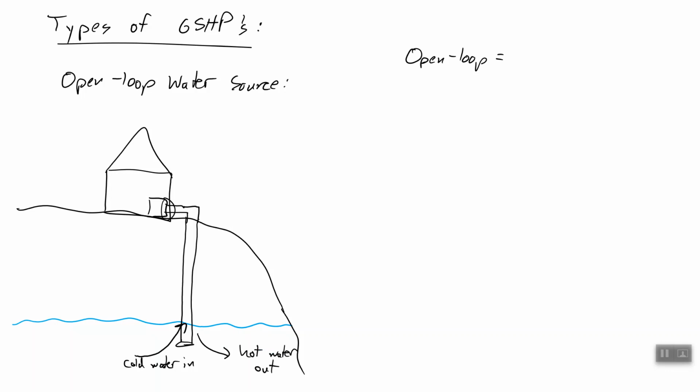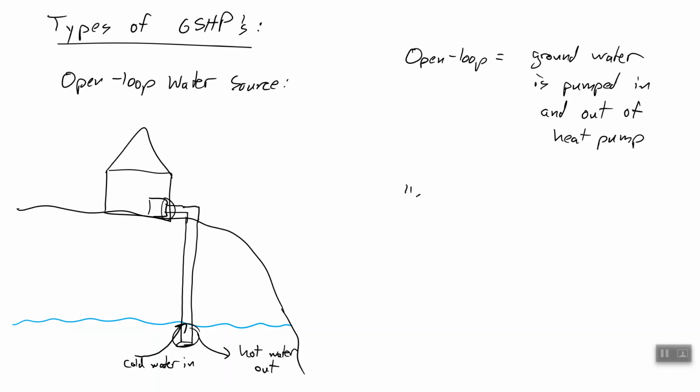So you see how water is actually entering and leaving our pipe. So that is an open loop. So groundwater is pumped in and out of our heat pump. This is sometimes called a standing column well.